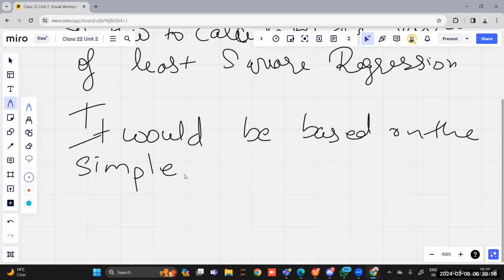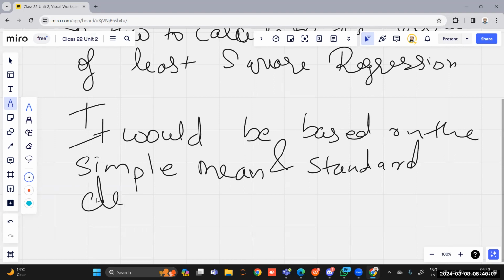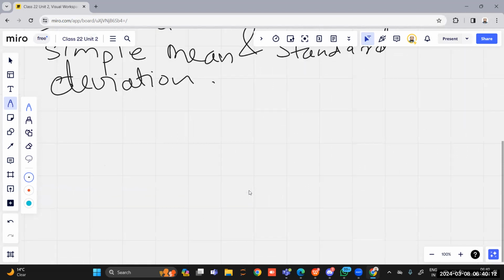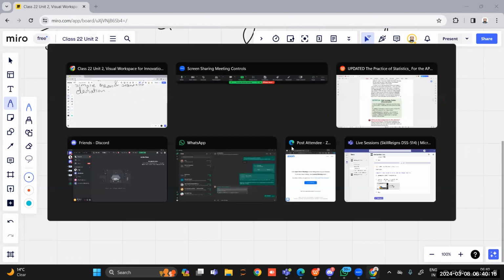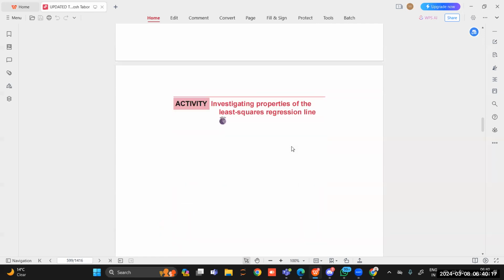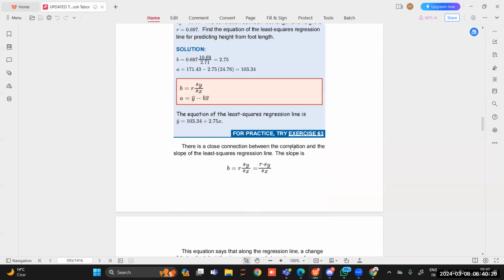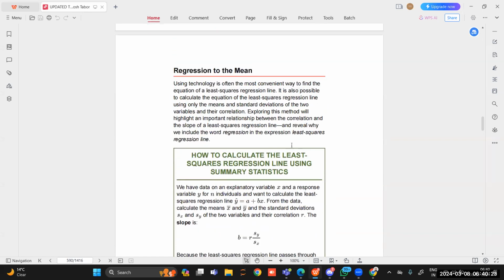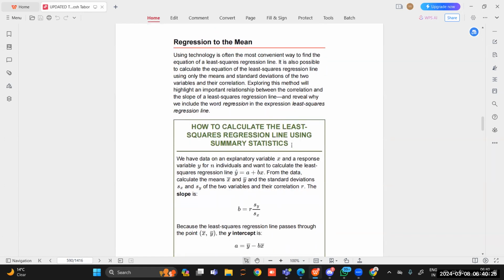So it would be based on the simple mean and standard deviation. What does this mean? If we want to calculate the least square regression, we have a specific formula. The text says that using technology is often the most convenient way to find the equation of the least square regression.